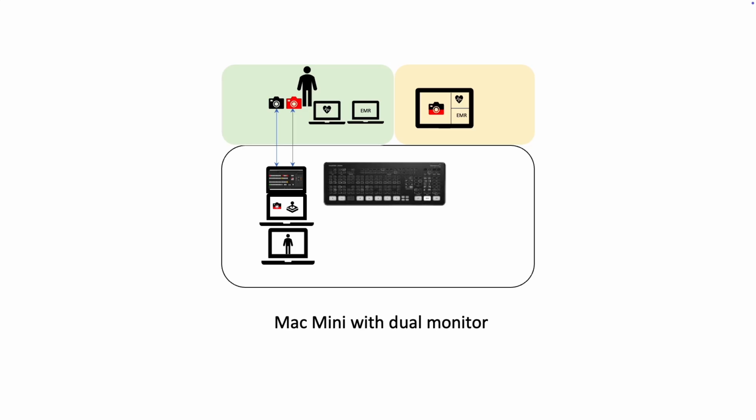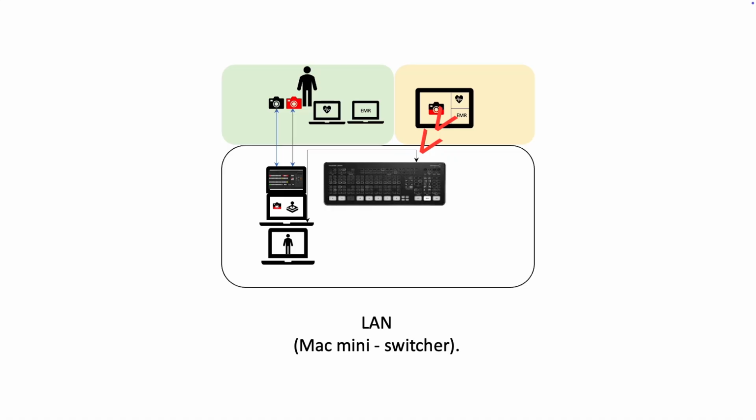The cable delivers power and transmits audio and video signals, while allowing the Mac Mini to control the PTZ functions of the webcam via the Insta360 control app. The Mac Mini is supported with a dual screen monitor and connected to the ATEM Mini Extreme via LAN cable.